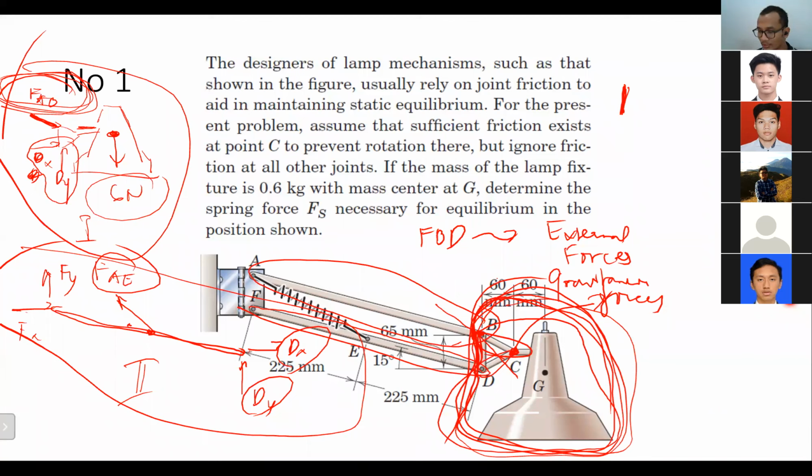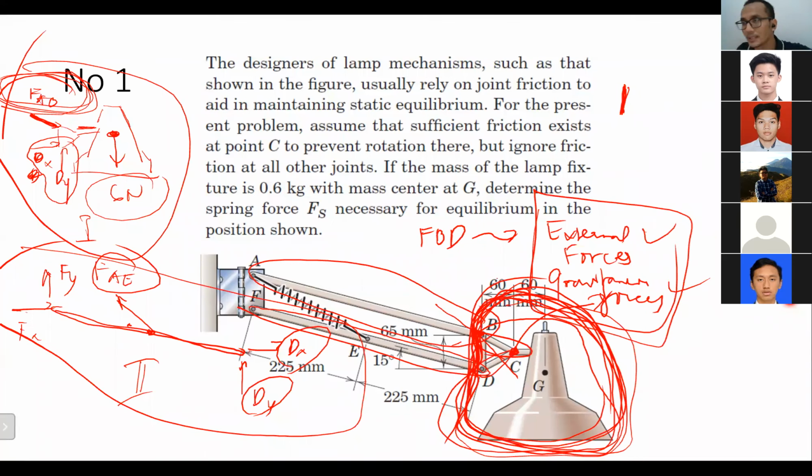When I consider the system like this, everything inside it is included as internal force, except for the gravitational force, and the things outside it are considered external force. The ones you're supposed to draw in the free body diagram are only these two: external force and gravitational force. Internal force is not supposed to be there.